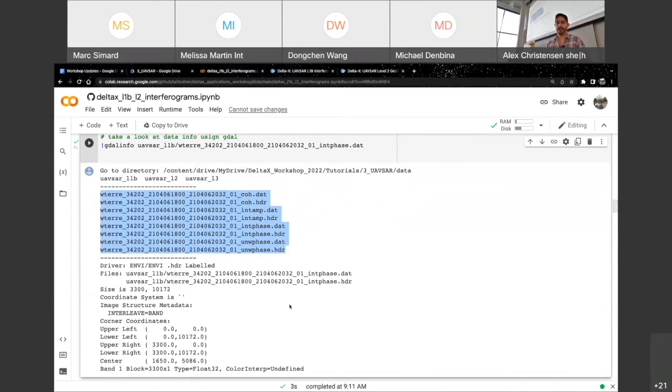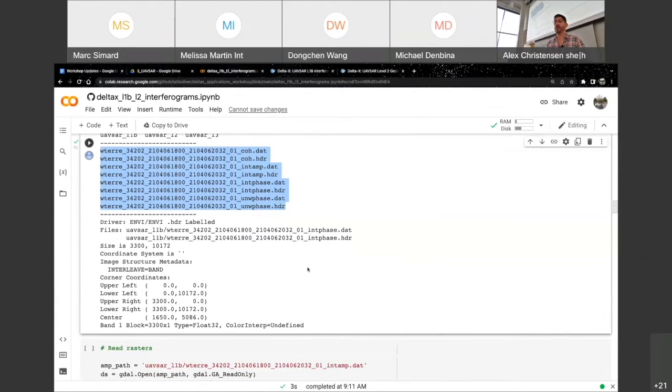And you guys can see that in blue, I have a coherence file with the HDR, that is the metadata reference file. Then we have amplitude. Then we have phase, interferometric phase, and unwrapped phase. So this will be one full set of interferogram data. And then what does gdalinfo provide about this? So we go ahead and just do gdalinfo over one image.